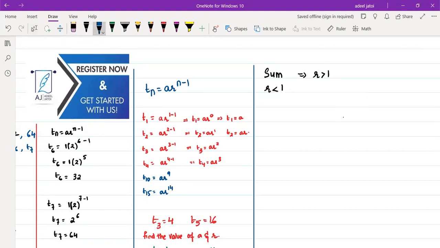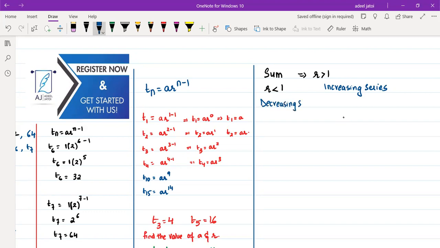For r greater than 1, it is an increasing series. For r less than 1, it is a decreasing series.